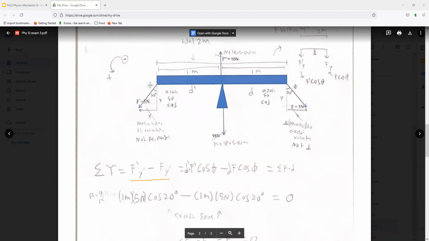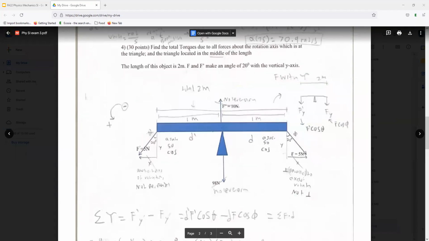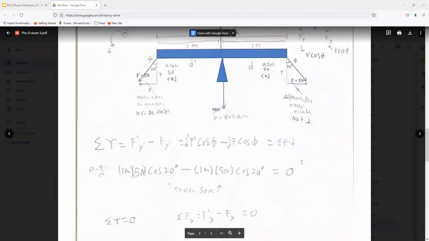This d is distance, and that's force W. You don't know that this is 0 yet because it could be moving or could not be. But because these are exactly the same, it means it's going to equal 0. And that gives you your answer, where total torque is equal to 0.